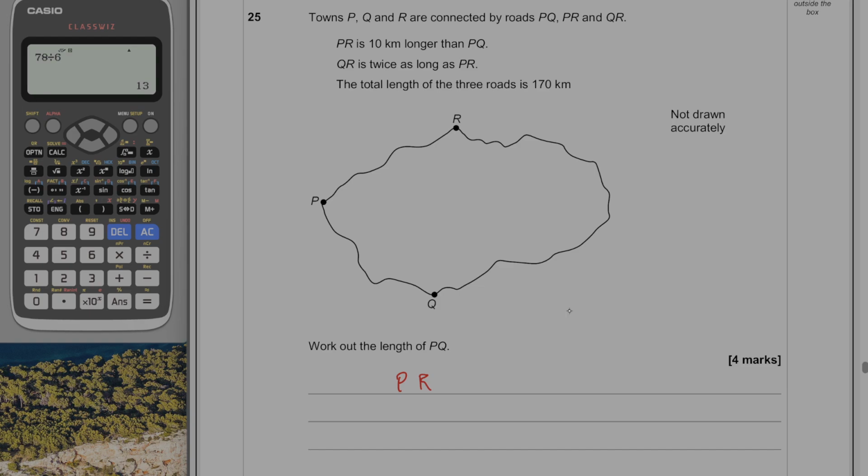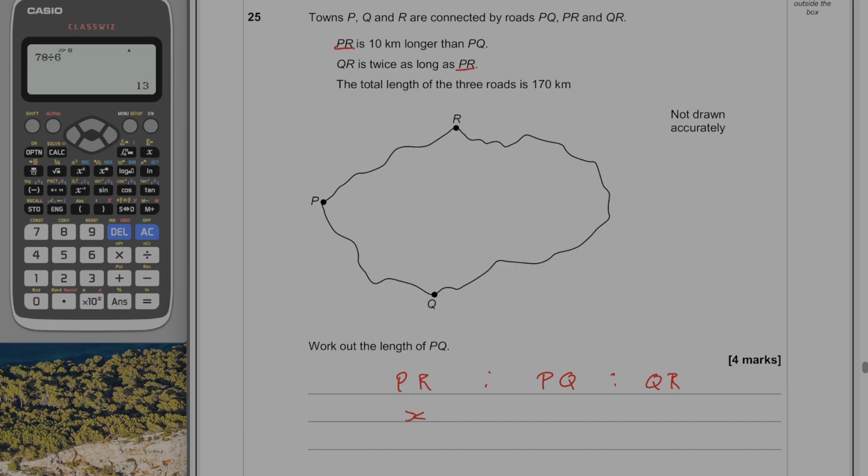Order P to R, P to Q, and Q to R. Right. So which one am I going to call X? Typically speaking, it's the one that's going to be referred to twice. That would be the easiest one to call X.